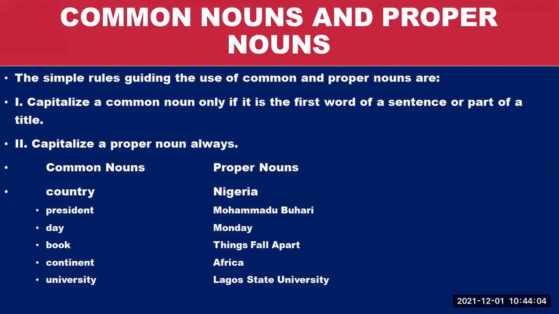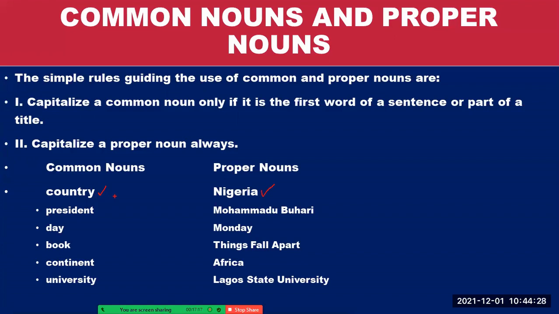Now let's look at specific examples. For instance, when you talk of a country, it's a common noun, then a proper noun is Nigeria. So a country is a general name for places, you know, places like Nigeria.